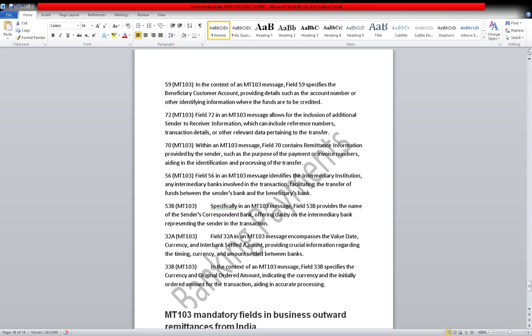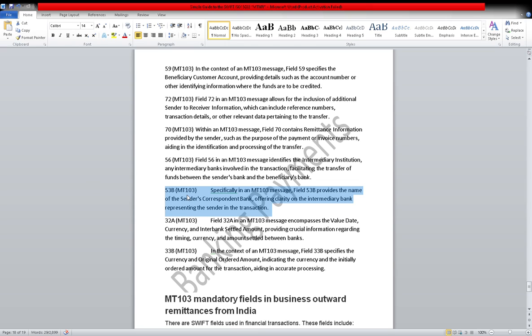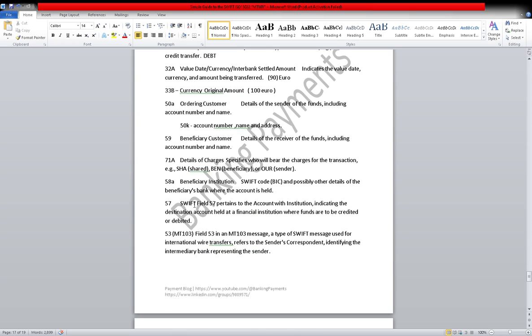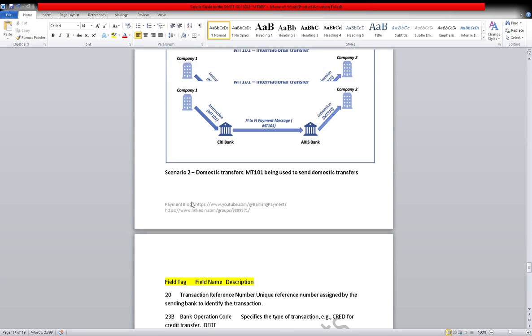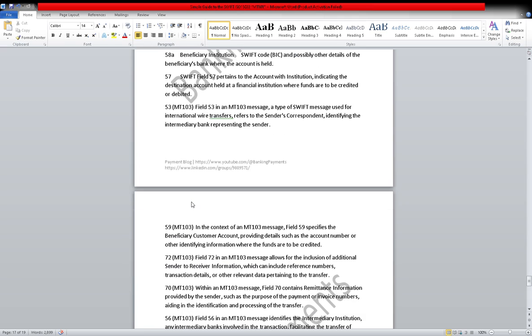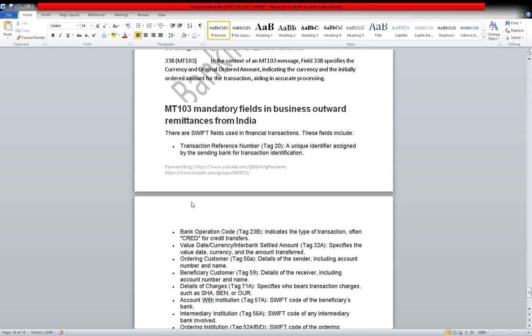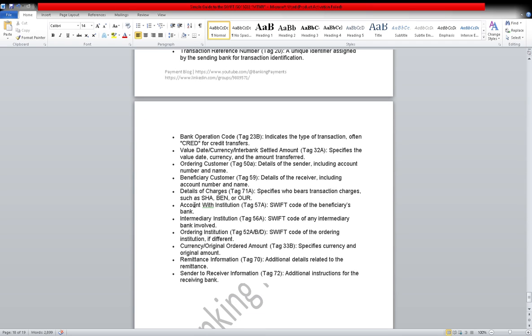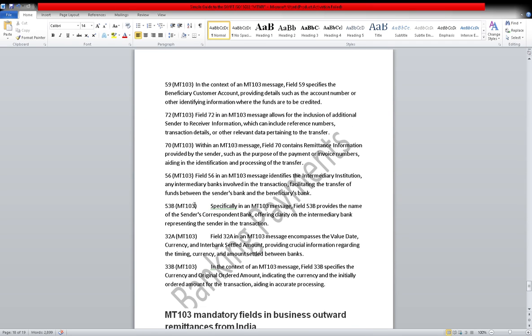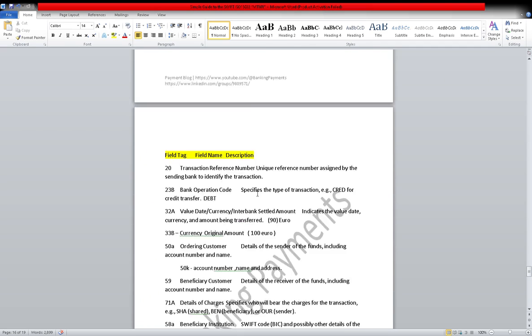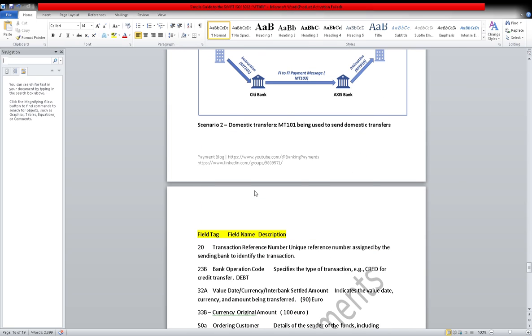Now what is 54? 53 is done. Where is 54? 54 is the receiver's correspondent. Where is it, where is it? Why is this not mentioned here?